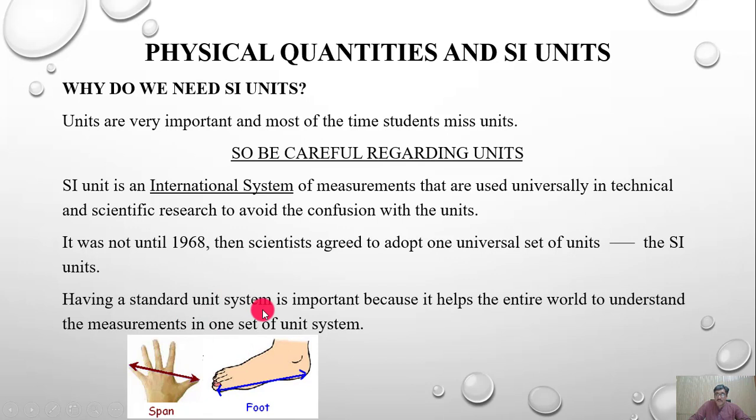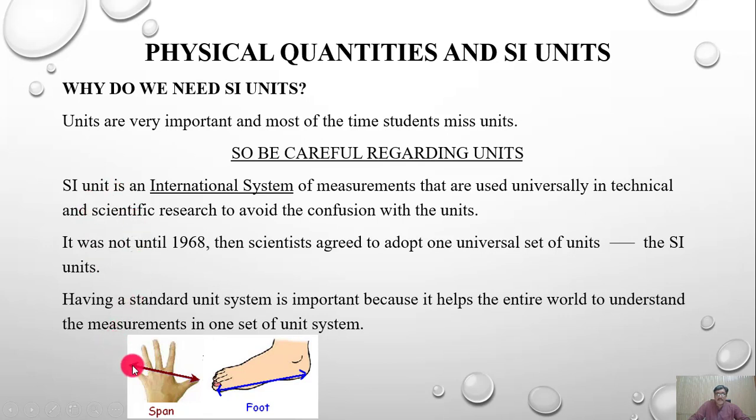Having a standard unit system is important because it helps the entire world understand measurements in one set of units. If we do not follow one set of units, there will be confusion. To avoid the confusion, we adopted the SI unit system.